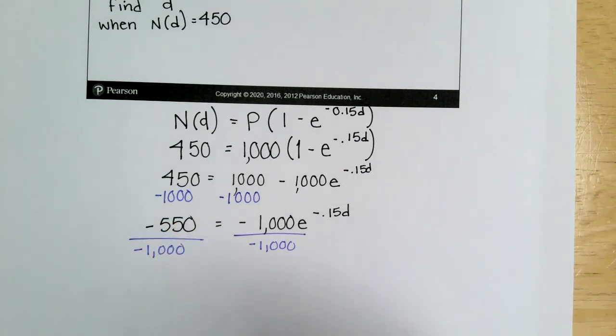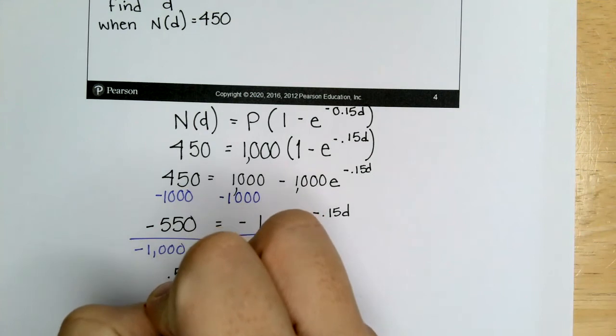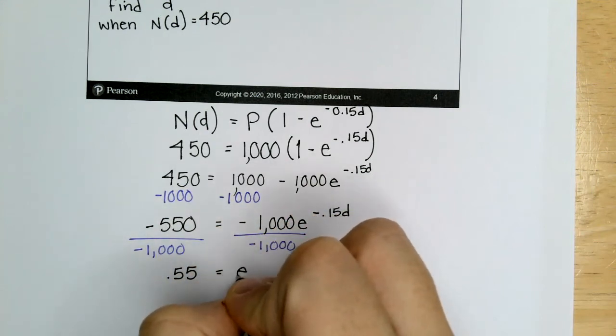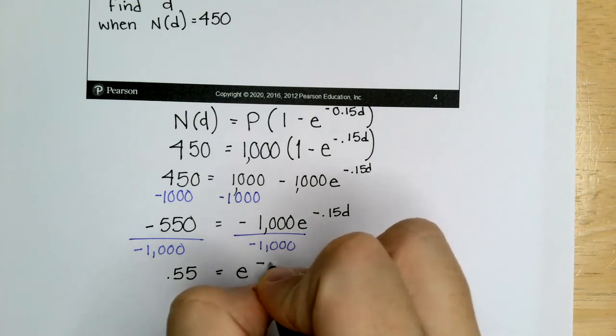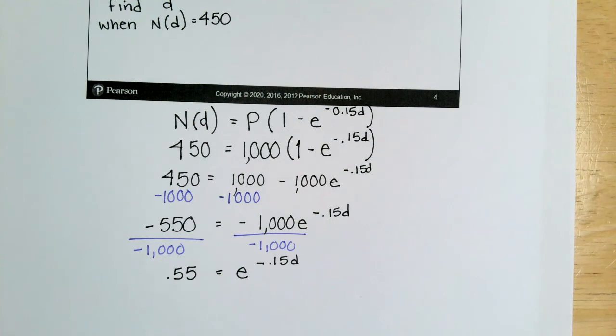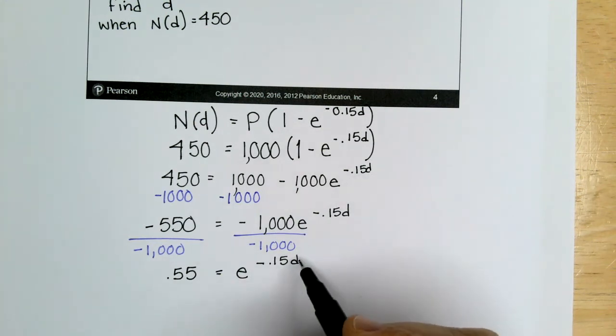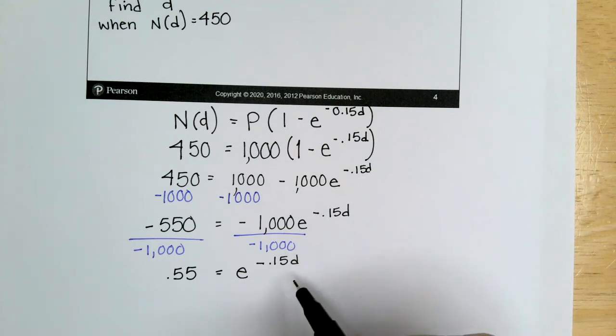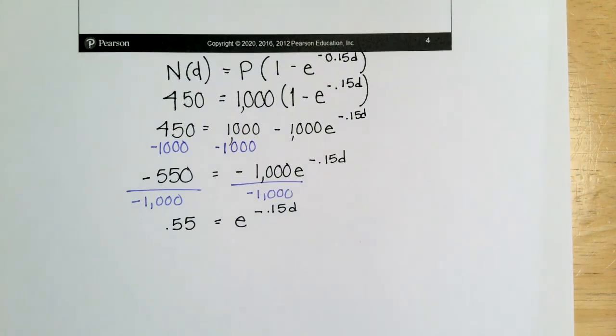Negative 550 divided by negative 1,000 is 0.55, right? Equals e to the power of negative 0.15D. Good. Now I have an exponential equation with the variable in the exponent. What do I do? I have to convert it into logarithmic form.